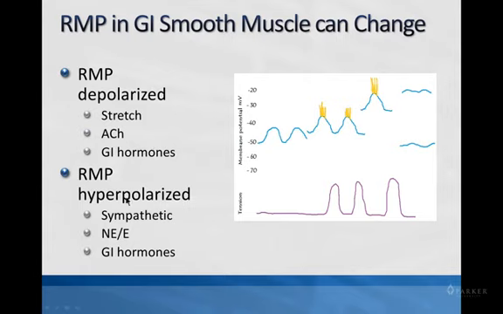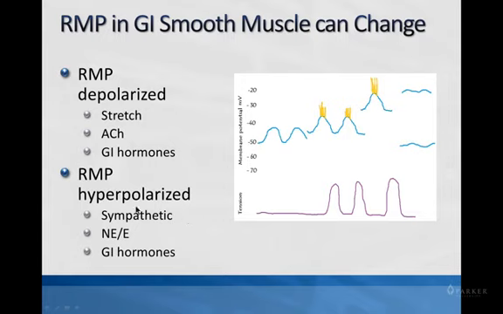On the other hand, things that make that resting membrane potential more negative, or hyperpolarize it, so I'm moving down here. If you hyperpolarize the resting membrane potential, you're less likely to reach threshold. You become less excitable.